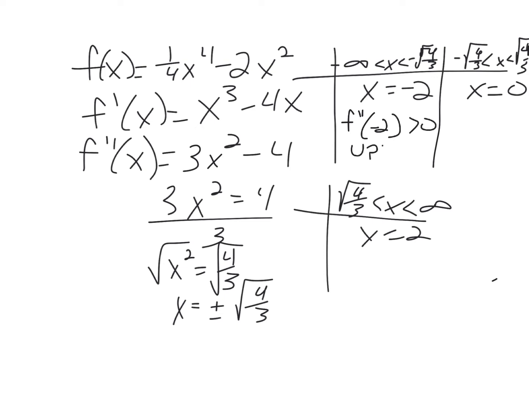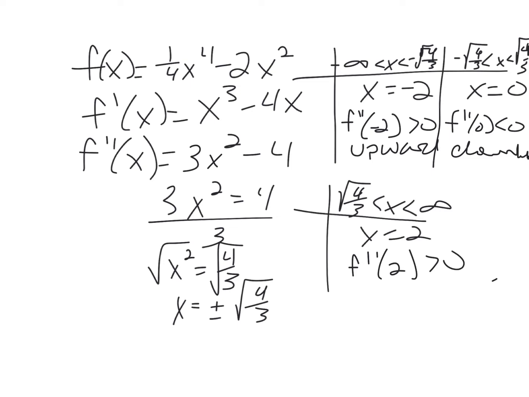Going to be concave upward. 0, on the other hand, we test 0, it'll be less than 0, so it'll be concave downward. And then 2 will get us the same answer as when we did negative 2. f double prime of 2 will be greater than 0, so it'll be concave upward.